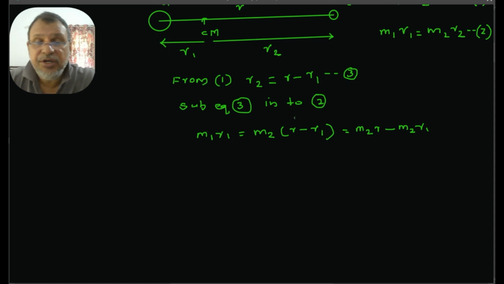Watch how I do it. Take this M2 R1 to this side. So you will have R1 common factor.